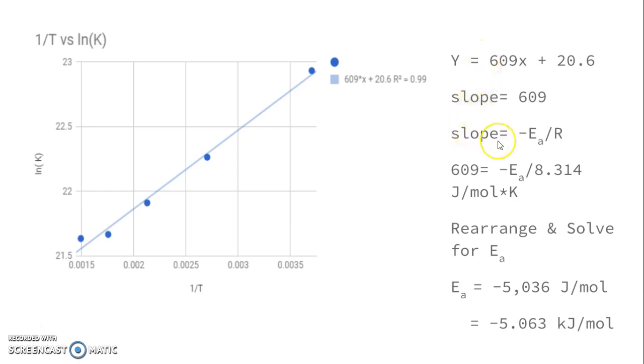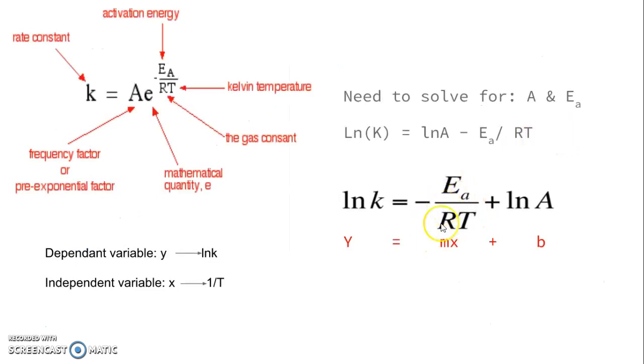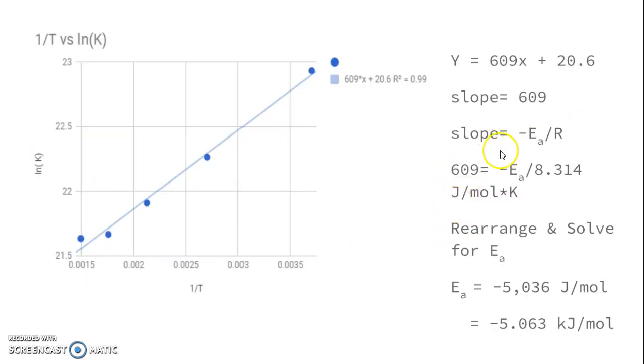We know that our slope is going to be negative Ea over R from our equation, and we're trying to solve for Ea. So what we do is we plug in our slope, and we know R is our gas constant, which is a given, 8.314 joules per mole times Kelvin.